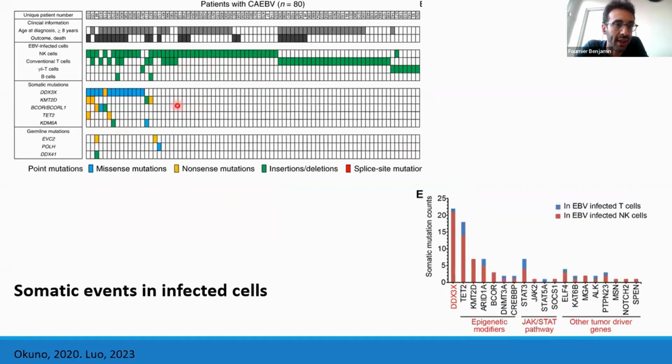Here you have DDX3X, KMT2D or TET2 mutation, which are also present in this Chinese cohort. And I can also tell you that we have a cohort of similar patients from Europe and Africa, and they all have the same kind of somatic mutation in their infected cells.